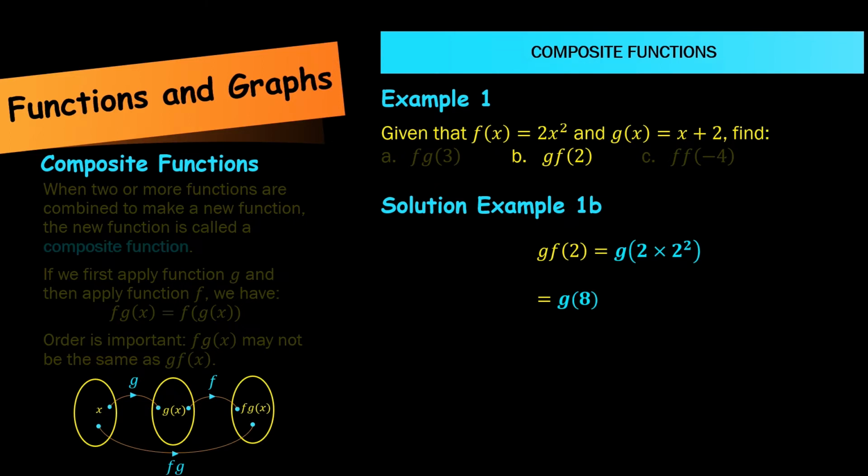So this now equals g of 8. We plug in x equal to 8 into the formula for g. Of course, g of x equals x plus 2. So g of 8 equals 8 plus 2, which is equal to 10.